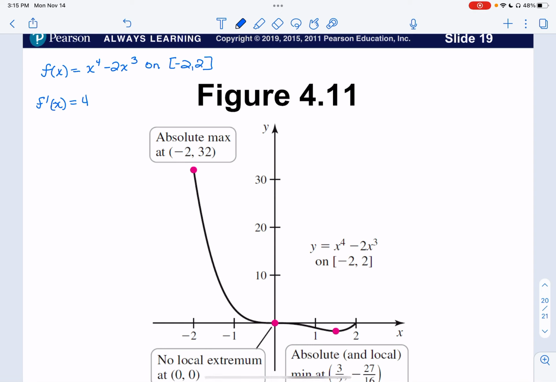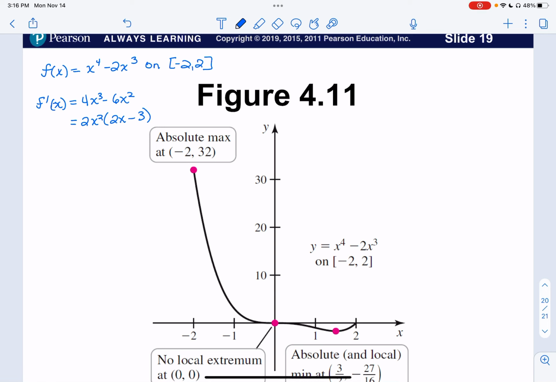The derivative of f is equal to 4x cubed minus 6x squared, right? So if I want to write that just a little bit nicer, it's 2x squared times (2x minus 3). Okay.